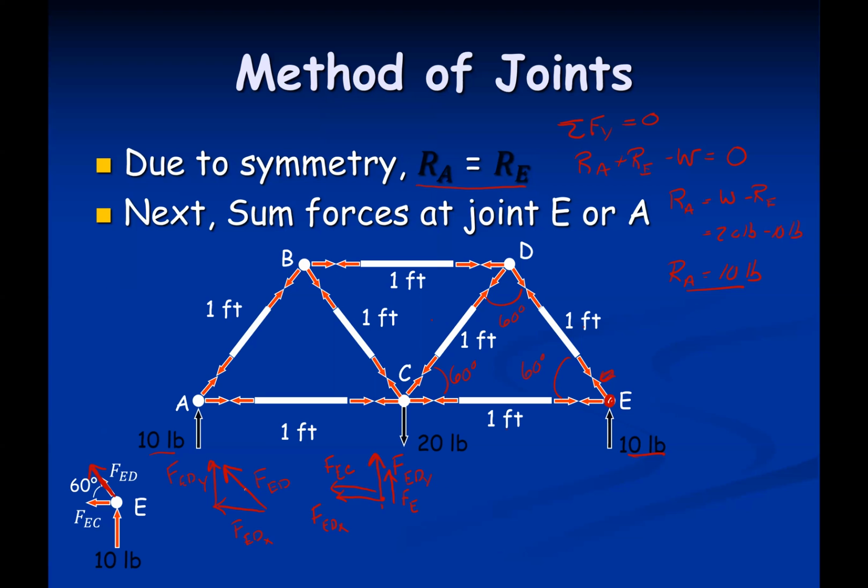Now, if that is 60 degrees, then the cosine of 60 degrees is equal to the adjacent, FEDX, divided by FED. So FED cosine 60 degrees equals FEDX. The sine of 60 degrees equals FEDY divided by FED.